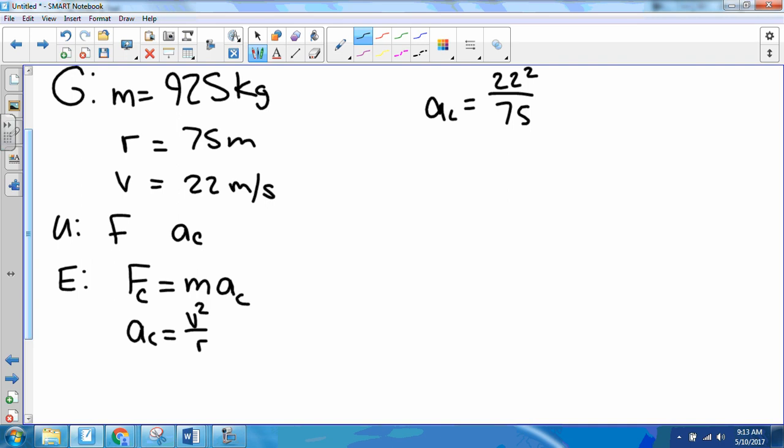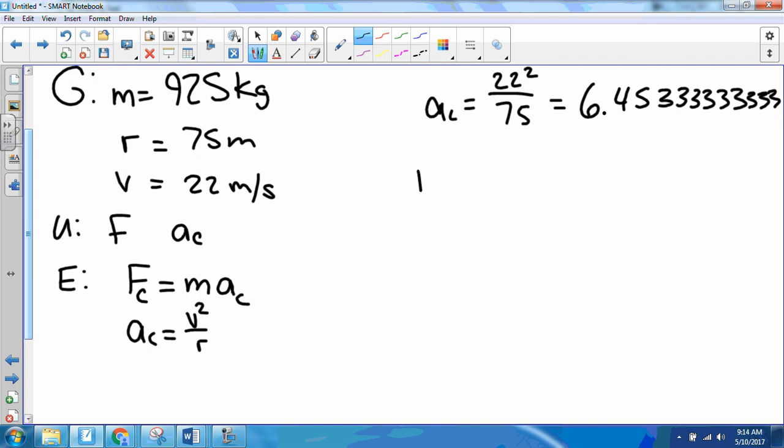And what do we get? It's 6.4533333, like forever. Since I already have that number in my calculator, I don't need to round it. You don't have to write all the threes on your paper, but keep that in your calculator. We're going to go to the next piece.